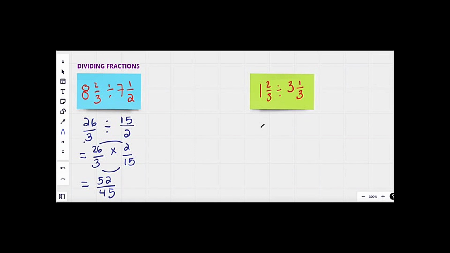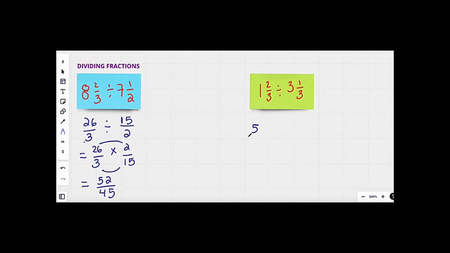So we've got 1 2/3 divided by 3 1/3. Once again, we've got mixed numbers here, and we want to convert them into improper fractions before we actually divide. We do that by multiplying the bottom times the whole number, so 3 times 1, which is 3, and we add the 2, so that gives us a 5.